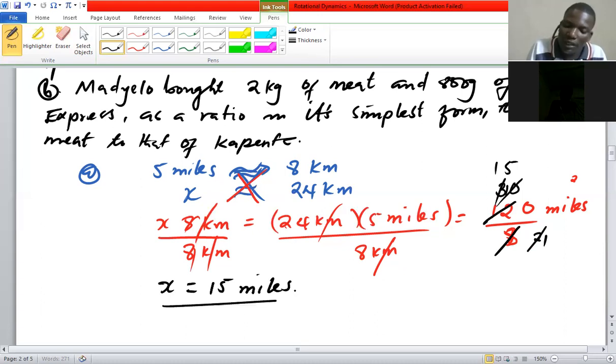So what does it tell us? It tells us that 24 kilometers in miles is equivalent to 15 miles.